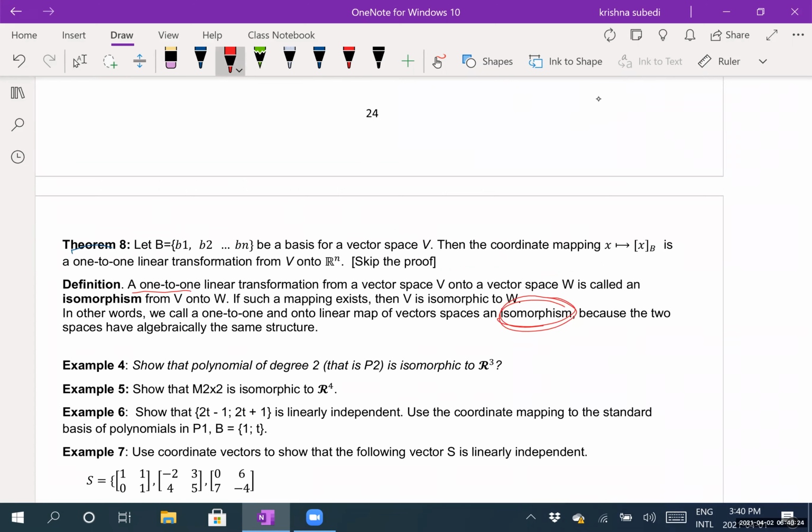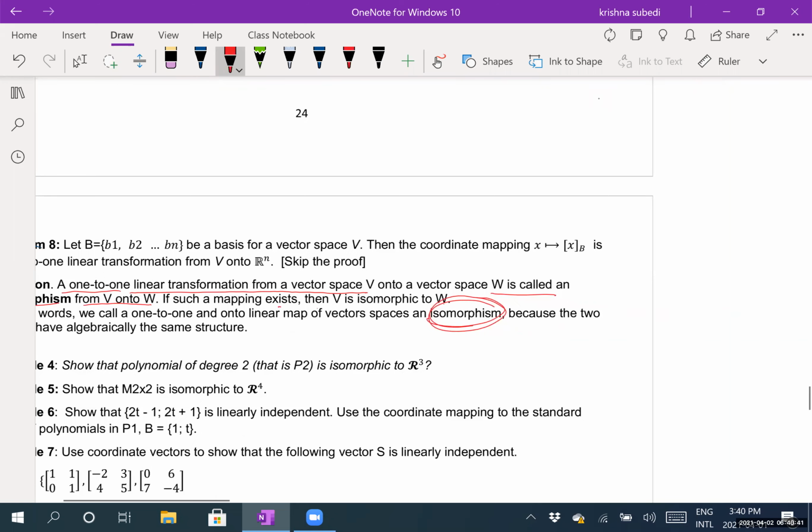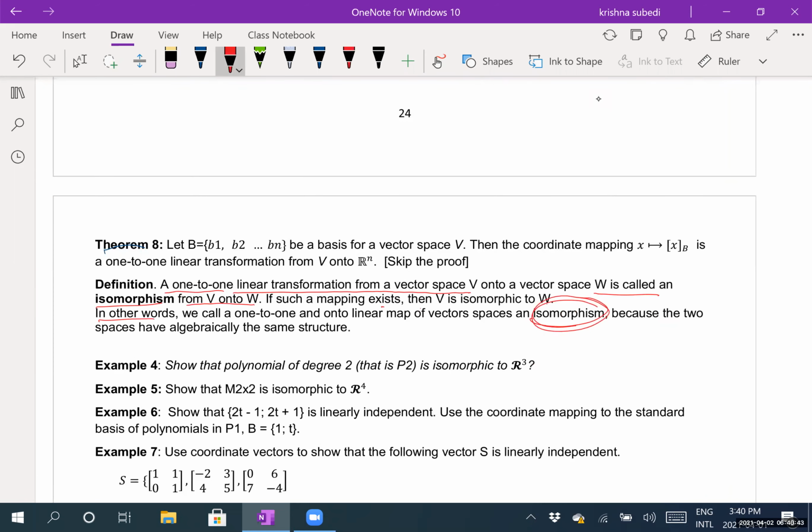A one-to-one linear transformation from a vector space V onto a vector space W is called an isomorphism from V onto W. If such a mapping exists, then V is isomorphic to W. So in other words, we call a one-to-one and onto linear map of vector space an isomorphism because the two spaces have algebraically the same structure.